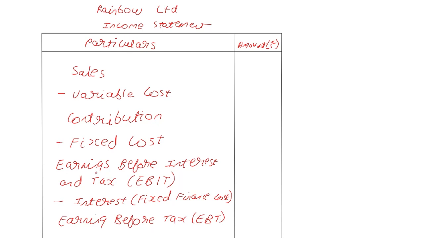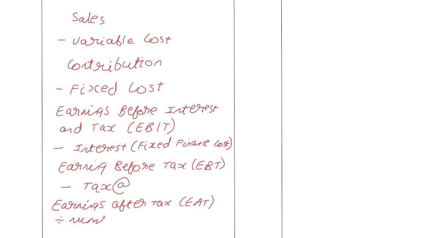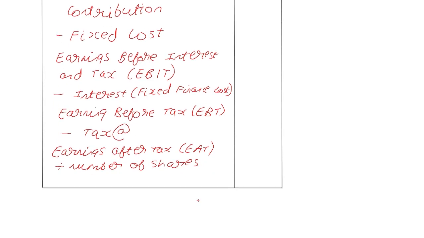Right? Our next step thereafter is to subtract tax. We subtract tax at whatever rate of tax is mentioned, and we get earnings after tax, what we call EAT, which we then divide by the number of shares in order to get the earnings per share, or short for EPS.